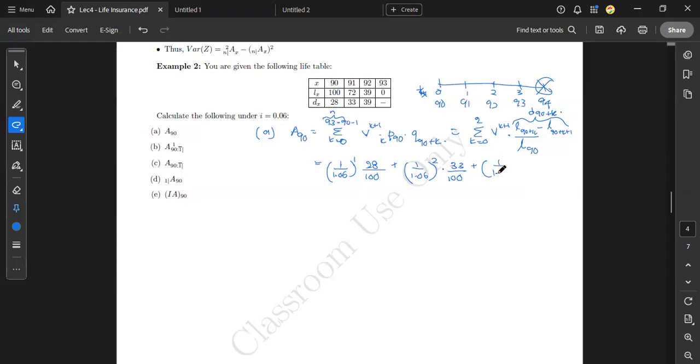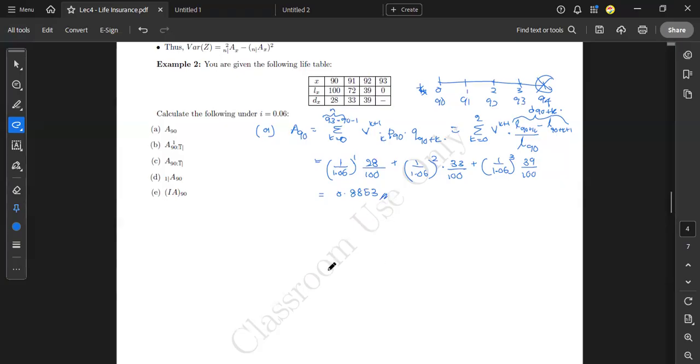For this one, the discount factor goes for 3 years, and deaths at this moment is 39 divided by 100. So then we can get the answer like this.